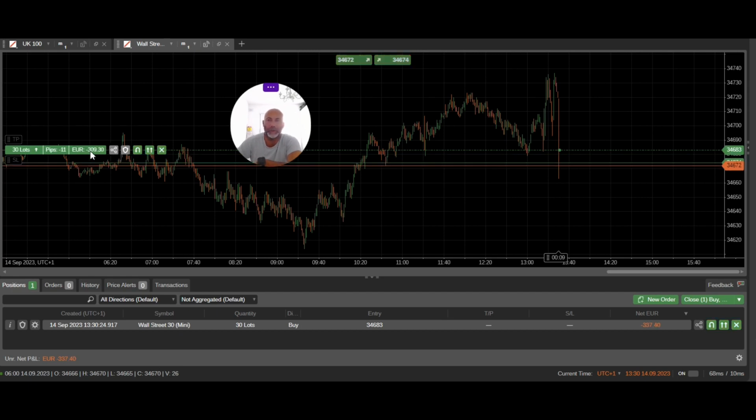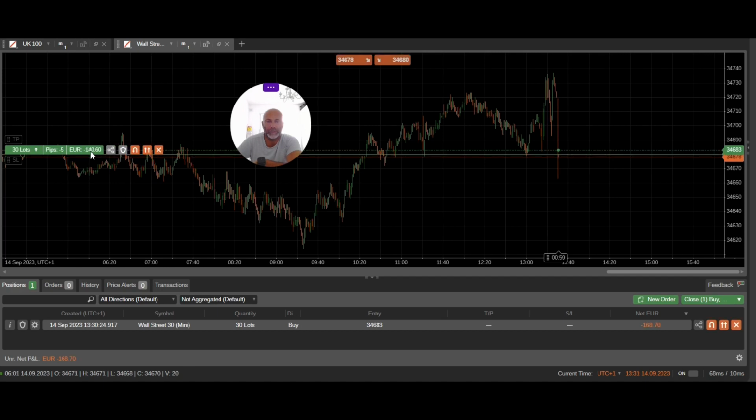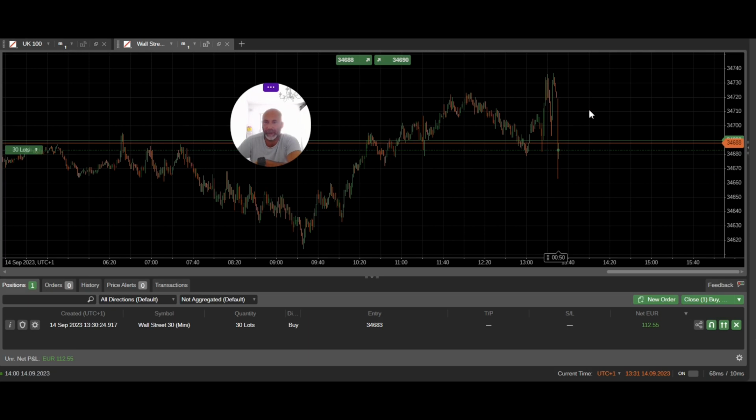I did go in a little bit early, but I'm expecting it to shoot up, so I'm not concerned. It's going to be a nice return, I'm looking at €500 or €600 here. I know that it's going to go back up. It's just a matter of waiting. It's going to come back to about this area here.